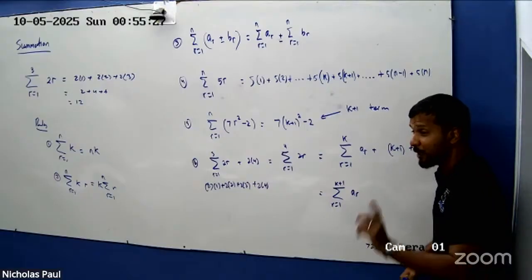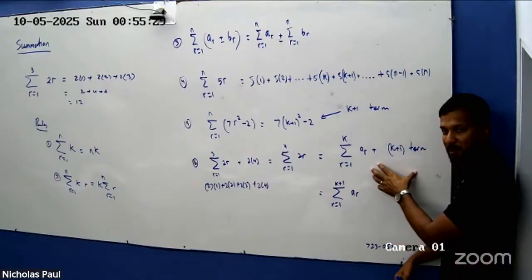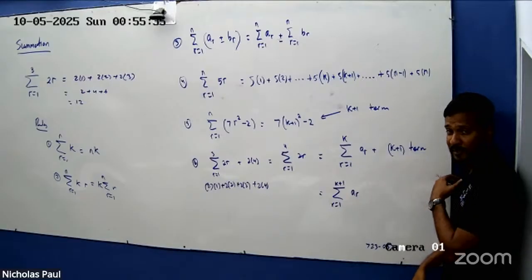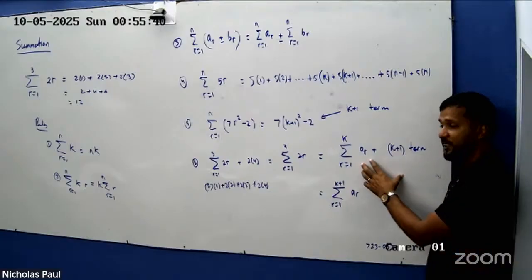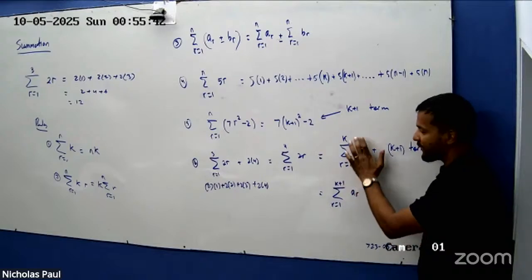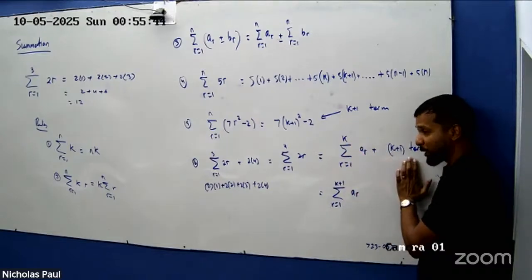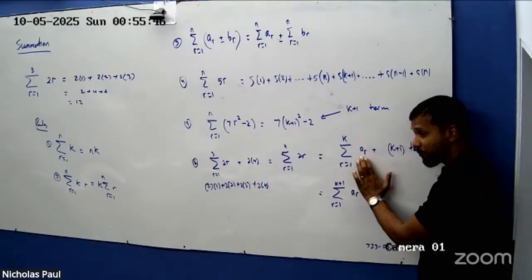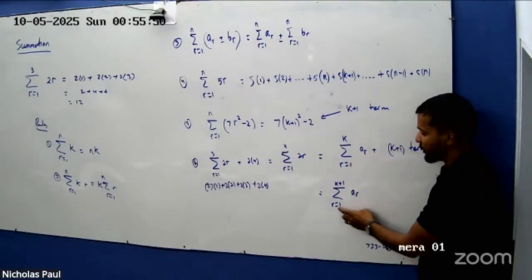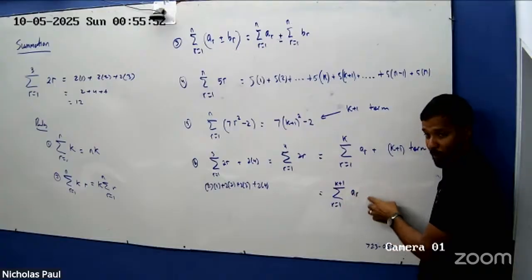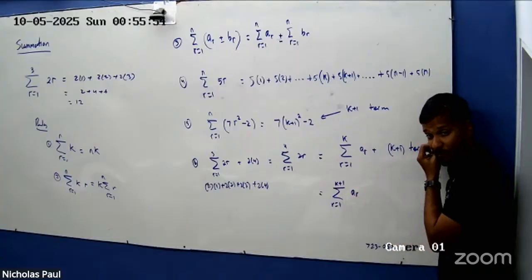It's important that we understand the concept. So whenever you sum a whole set of values from 1 to k, and you add the k plus 1 term for that same function, you're going to get the summation of r going from 1 to k plus 1. Everybody okay with that?